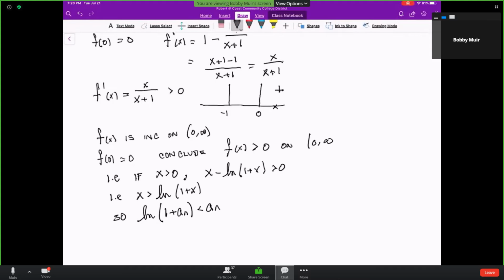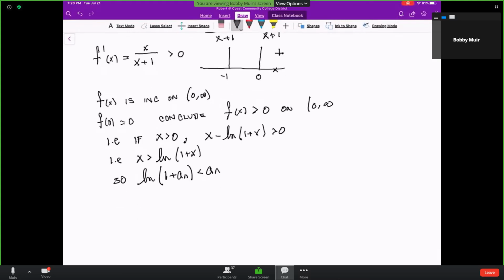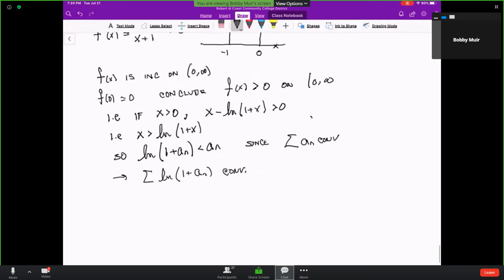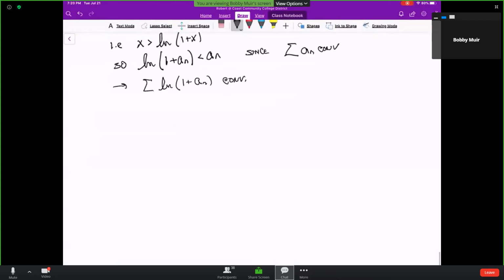And so, since this sum of the a sub n converges, we conclude that this sum must also converge.